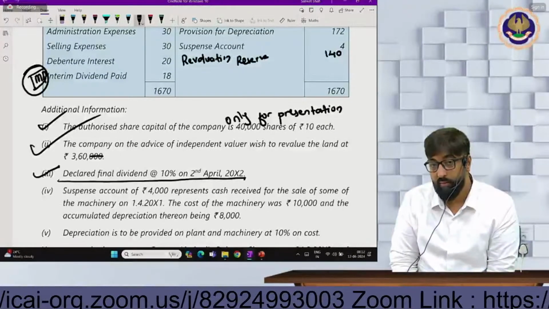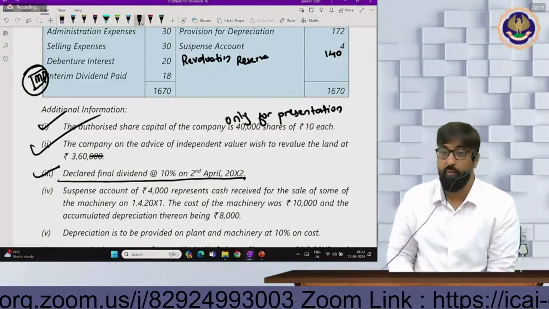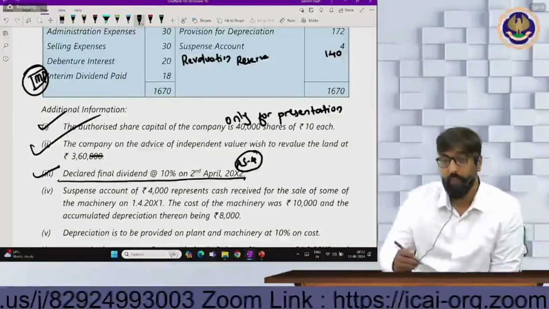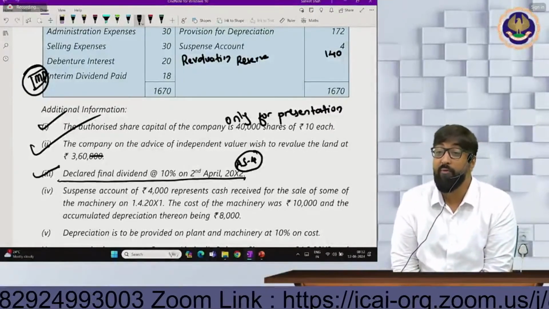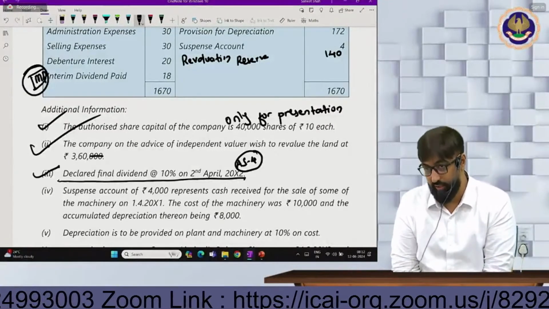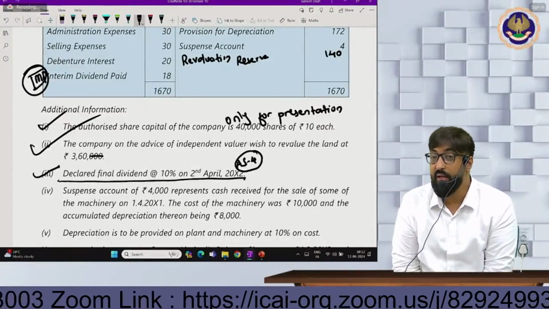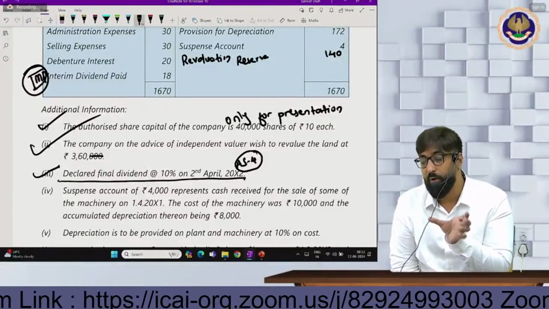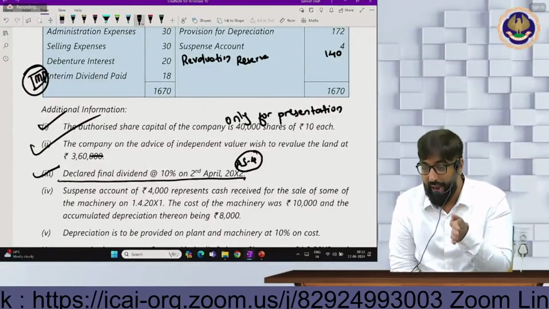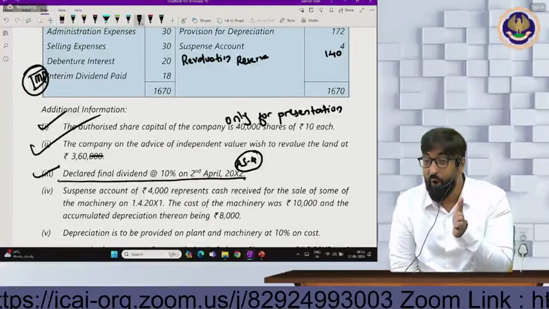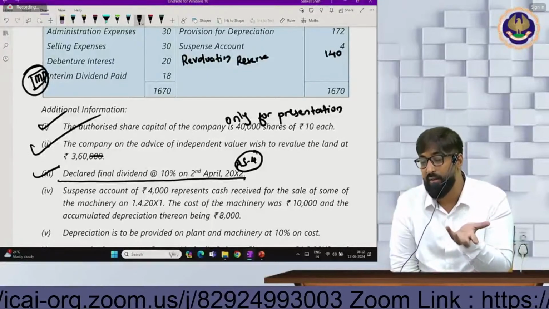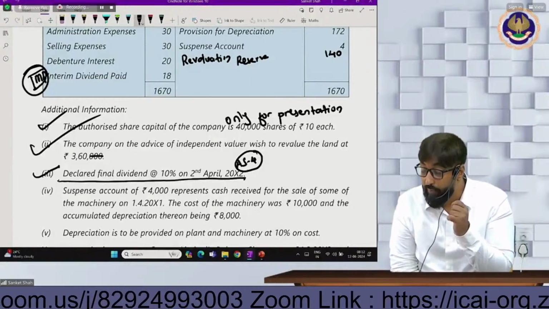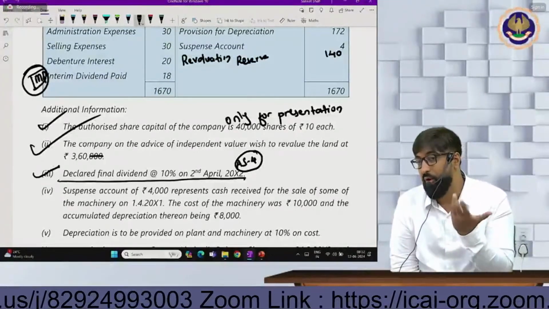So we won't make any entry, we will ignore it. Very good. According to Accounting Standard 4, this is not an event occurring after the balance sheet date that requires adjustment. A non-adjusting event is only disclosed, and an adjusting event is one that affects your revenue statement, P&L statement or balance sheet.